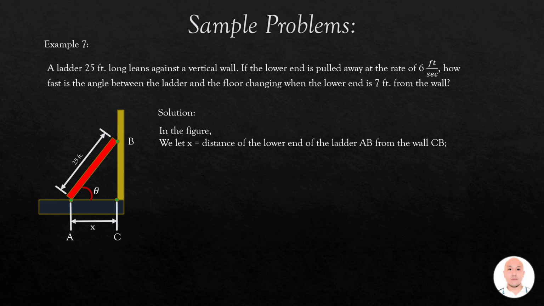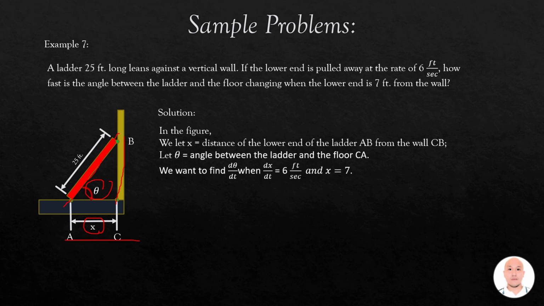Solution. In the figure, we let x equal the distance of the lower end of the ladder AB from the wall CB. Then let theta equal the angle between the ladder and the floor CA here.